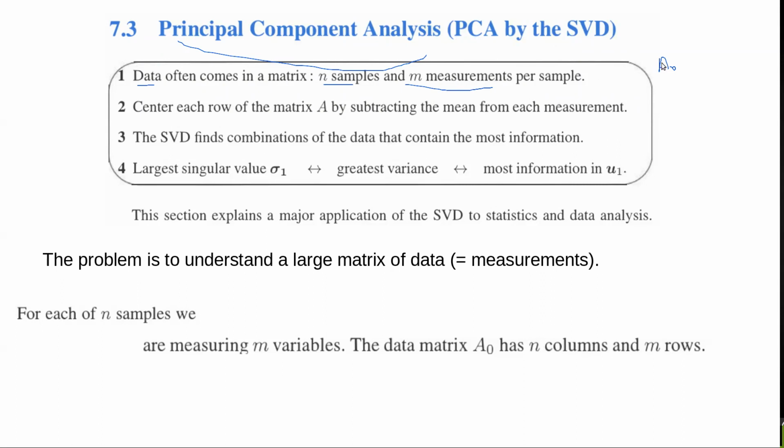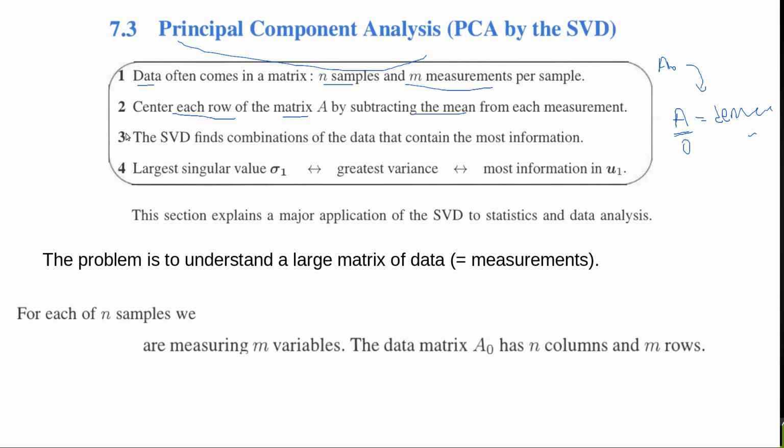What we do is remove the mean of each row of A naught, such that it transforms into A, the matrix with its mean removed, so that the rows are centered around 0. Once we have such a matrix A, we can make some analysis of this data.